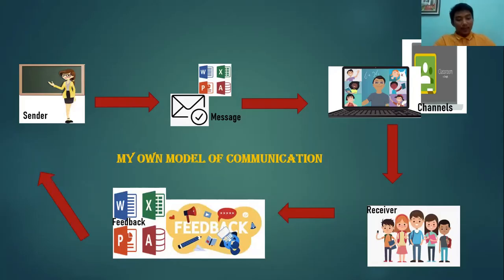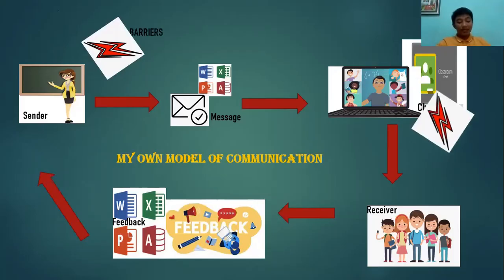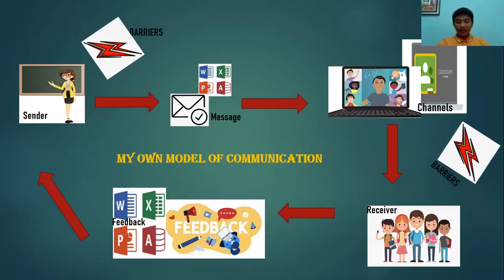sender. In this process of communication, a lot of things interrupt the communication process. Those interruptions are called barriers. Those barriers are the different noise that we hear in the environment. One of those is physical noise, like the barking of dogs, chickens crowing, and sounds of different vehicles, and lastly, low internet connection.